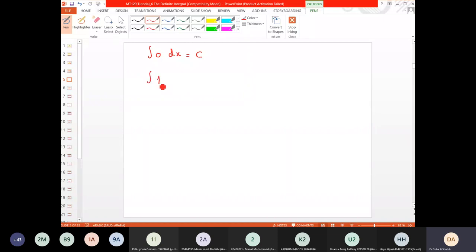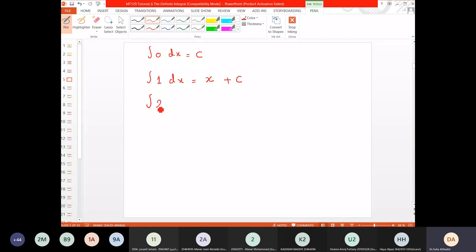What if it was the integration of 1 with respect to x? I'm looking for the function that has a derivative of 1. What is it? Not x... Yeah, excellent, it's x. The derivative of x is 1, plus of course the integration constant.